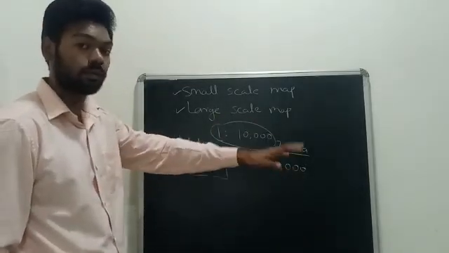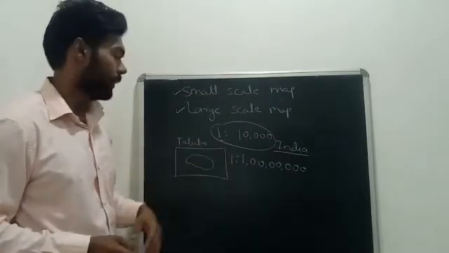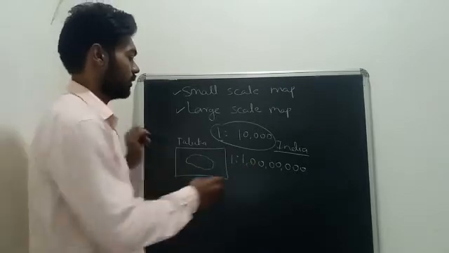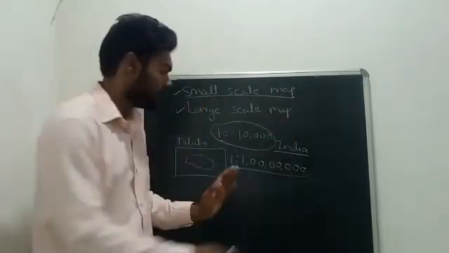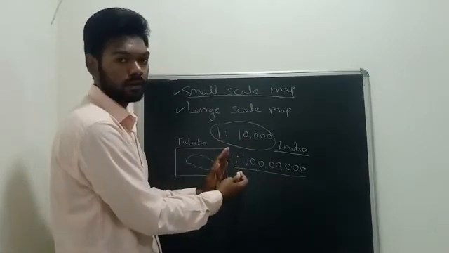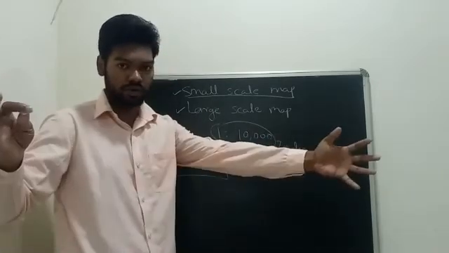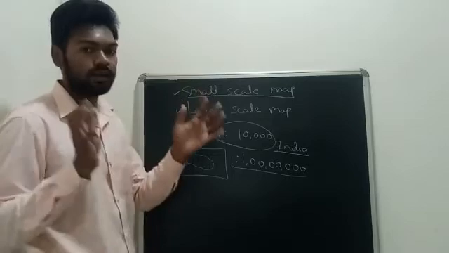In the original it will be very much more as compared to this one on the map. So this is called a small scale map, because we are showing a very large area in the original in a very small space. That is why it is called a small scale map.